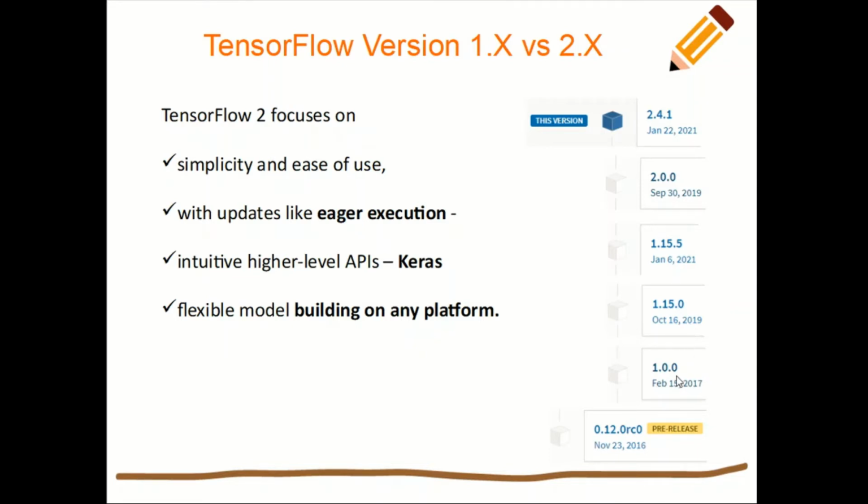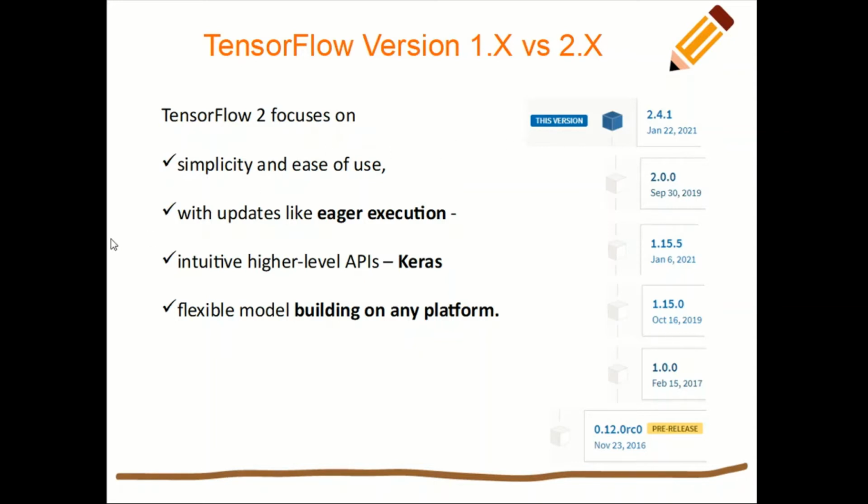And then they had various 1.x versions, and the final version of the 1.x series is 1.15.5, which was released on January 6, 2021. Okay, and version 2 of the TensorFlow came in September 2019, and today we have version 2.4.1 which is the current latest, right?